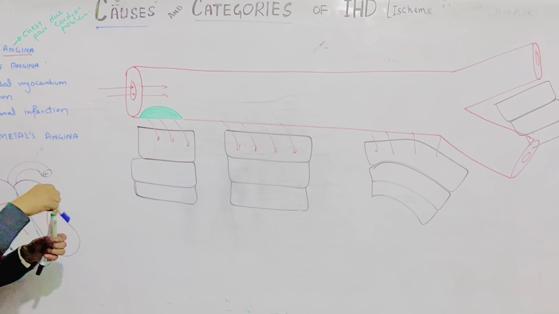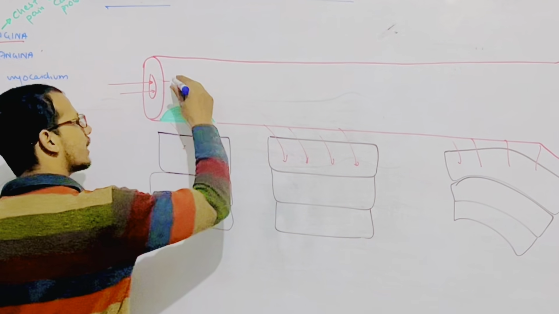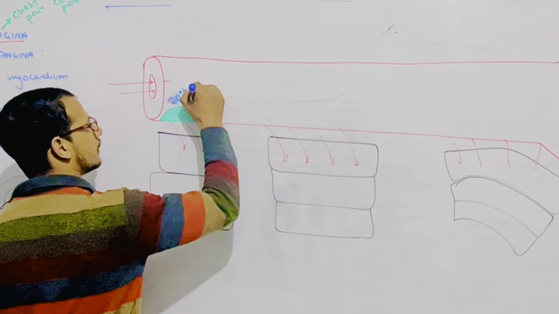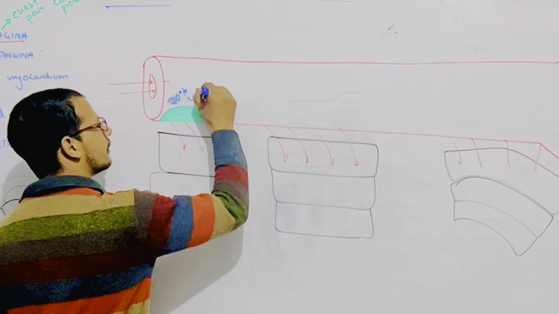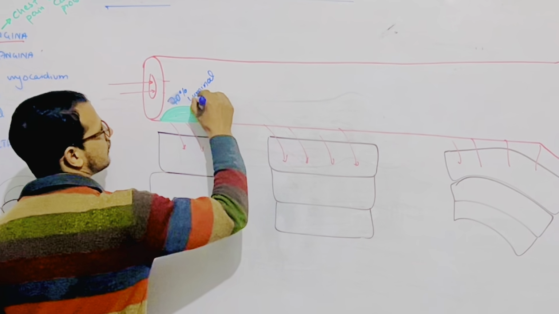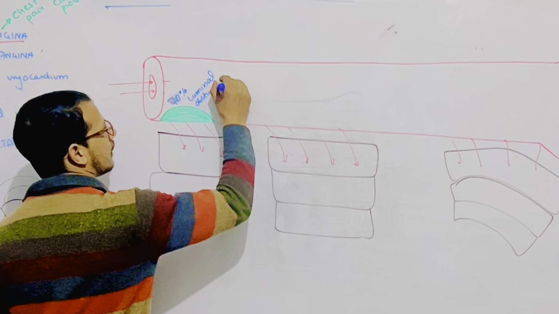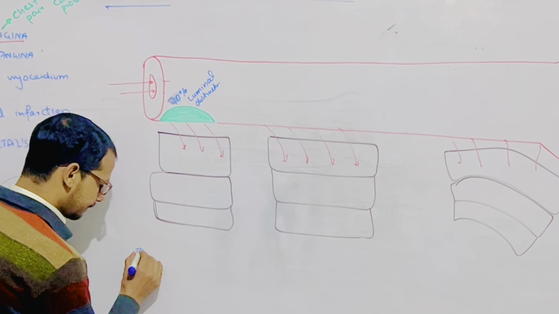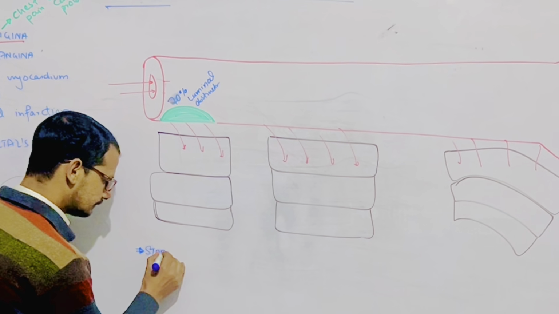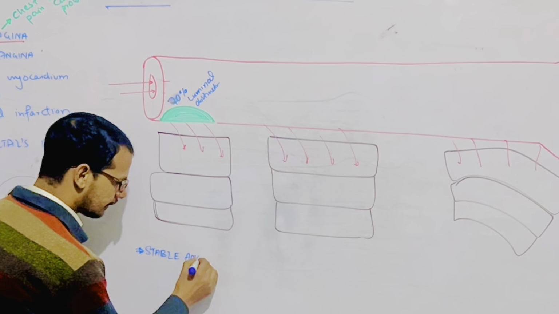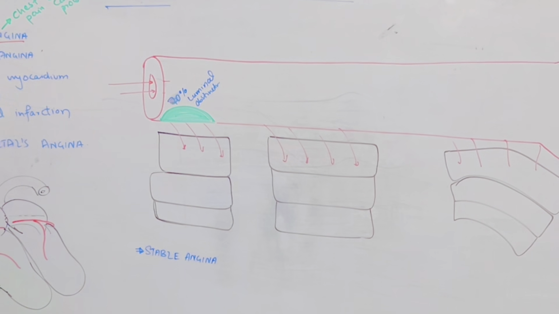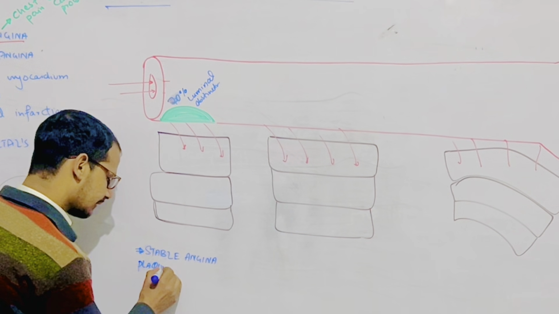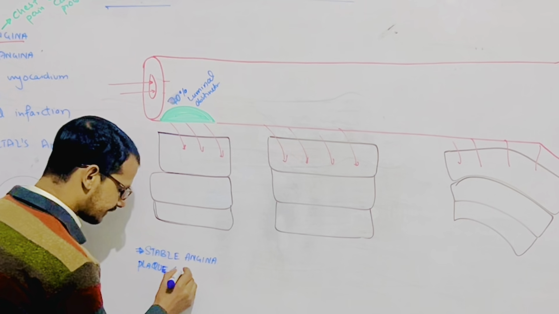If the stable plaque is blocking 70% of the lumen of the artery, this causes stable angina.